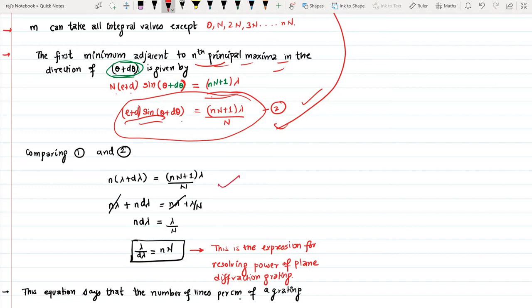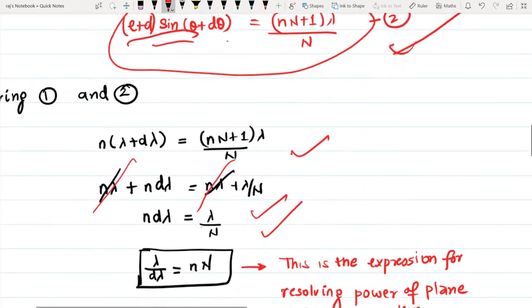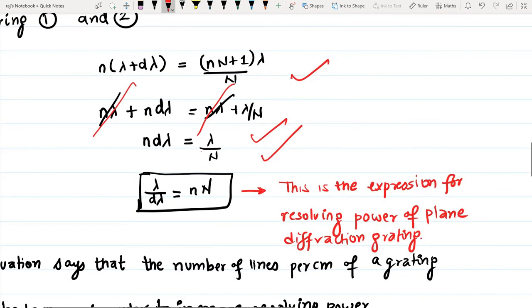Okay, so when we expand this, n lambda and n lambda will get cancelled. We get n d lambda is equal to lambda by n. So lambda by d lambda will be n into n, which is the expression of resolving power of plane diffraction grating.